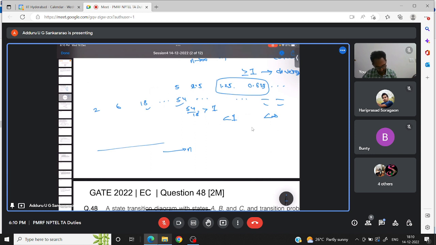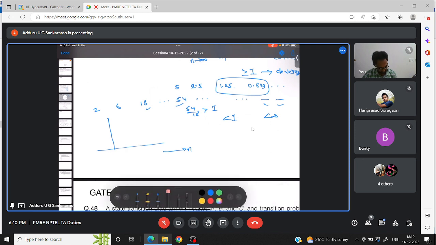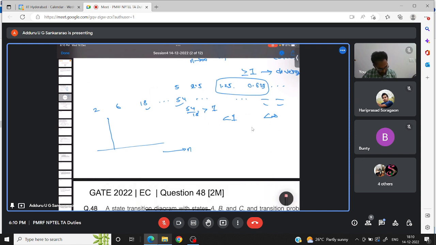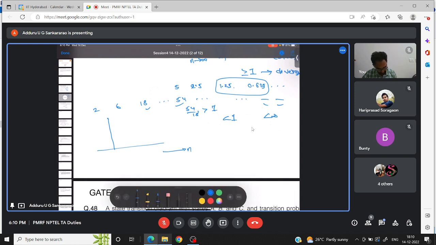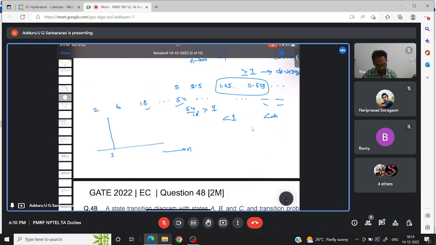Initially you have some finite value at n equal to 1. Now as n increases, if it is decreasing, even up to a very large n, then we can say it converges, right?